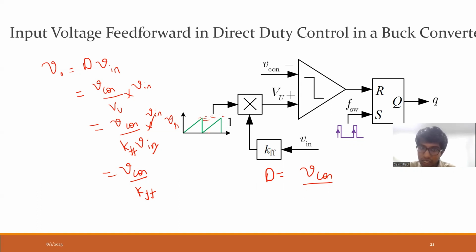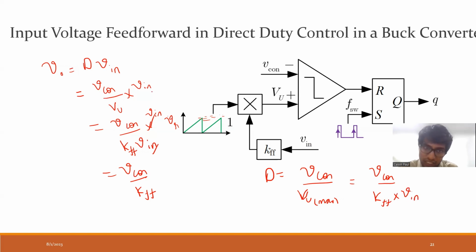In this case, I am giving a ramp signal of maximum value 1 and I'm multiplying it by KFF into Vn. So the maximum value of this signal, Vu max, will be equal to KFF into Vn, and V con over this is my duty ratio.